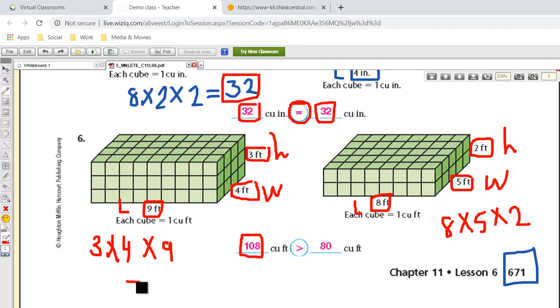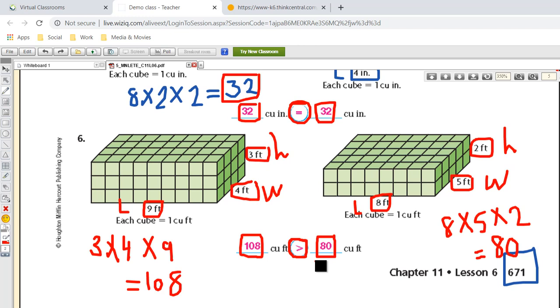Here we have 3 multiplied by 4 multiplied by 9 equals 108, and here it will be 80. So we have 108 here and we have 80 here. So of course 108 is greater than 80.